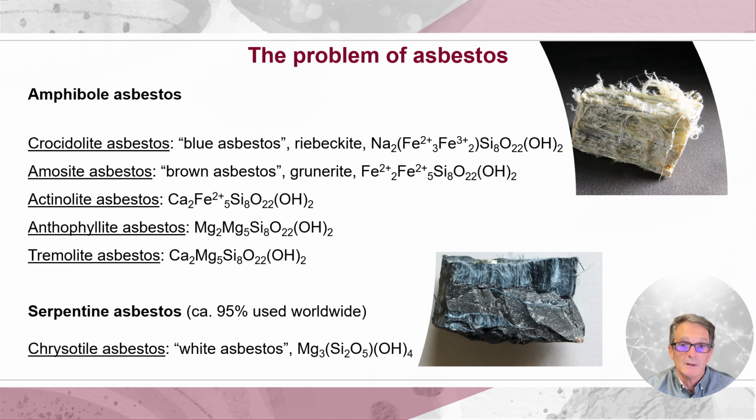In addition, there is one serpentine asbestos, chrysotile, commercially known as white asbestos and corresponding to the mineral chrysotile, one of the 3 naturally occurring serpentine minerals. Chrysotile asbestos accounts for about 95% of global asbestos use, followed by crocidolite. The remaining types usually occur as contaminants of other asbestos varieties.